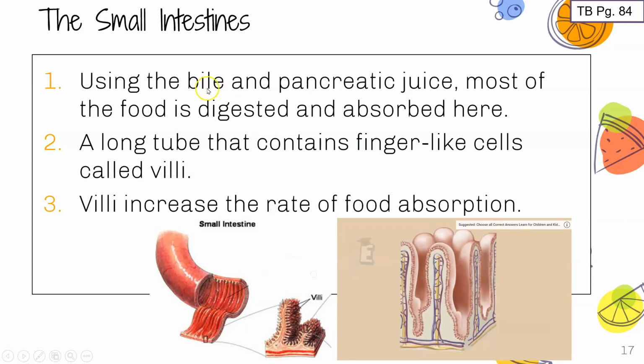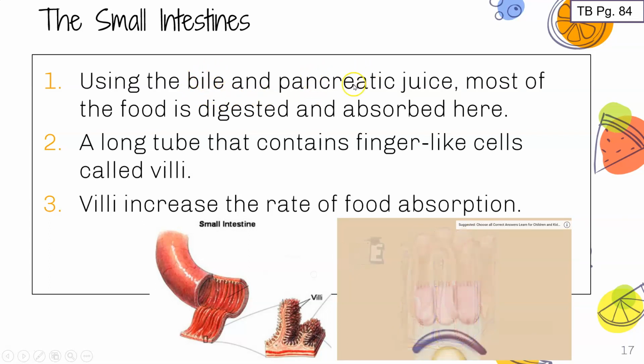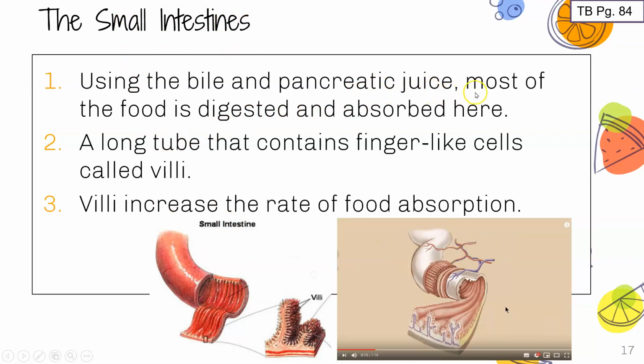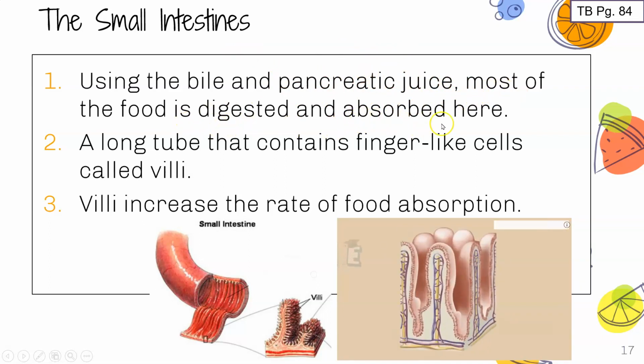We have bile from the gallbladder, pancreatic juice from the pancreas, as well as the juice from the small intestine themselves. And this combination of juices would help to digest and absorb most of the nutrients here.